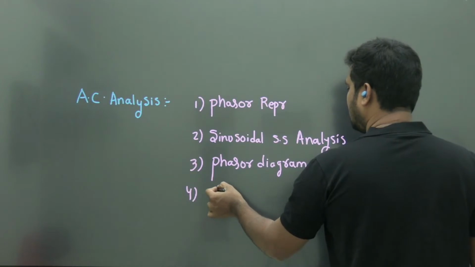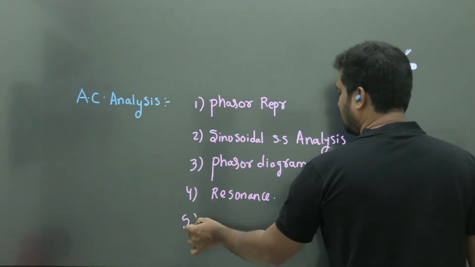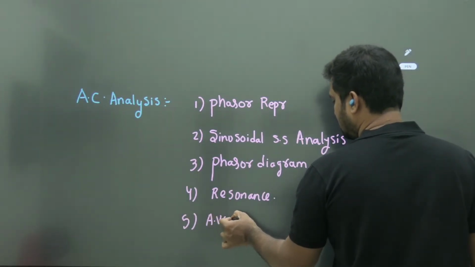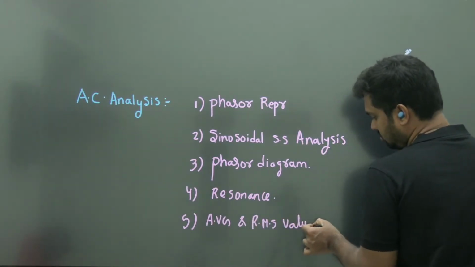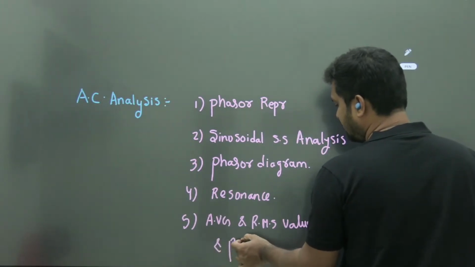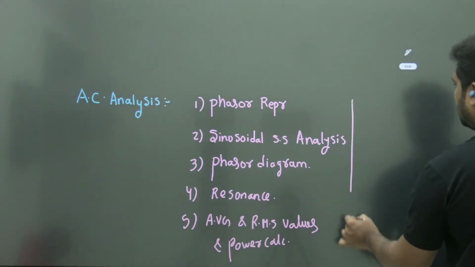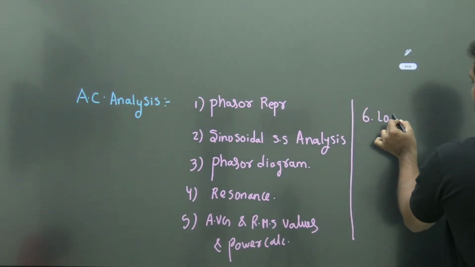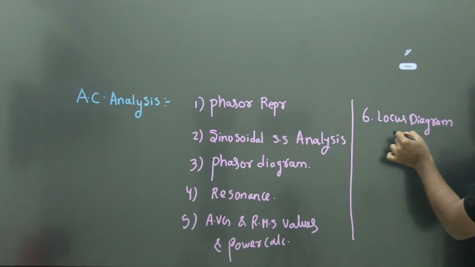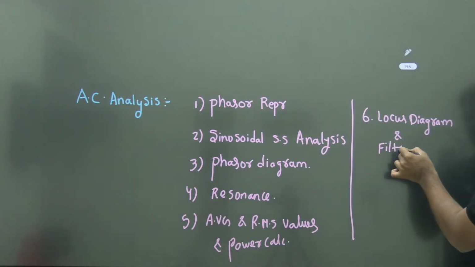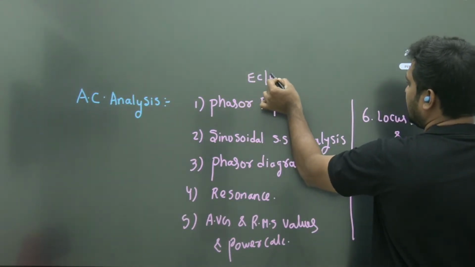Then resonance. Then average and RMS values. And also power calculations. We have some topics like locus diagram, and filters. So this is what you have in the EC syllabus and also the electrical syllabus for GATE.